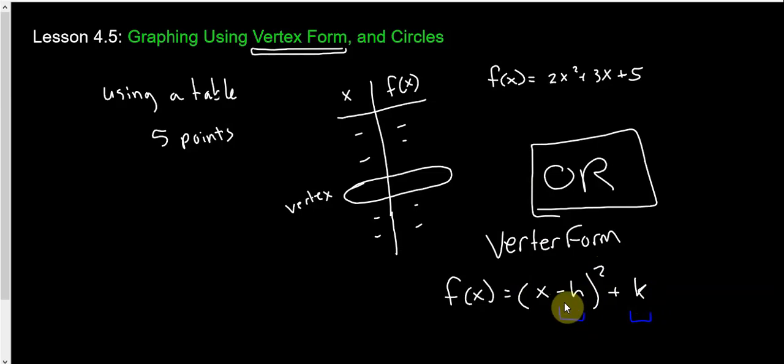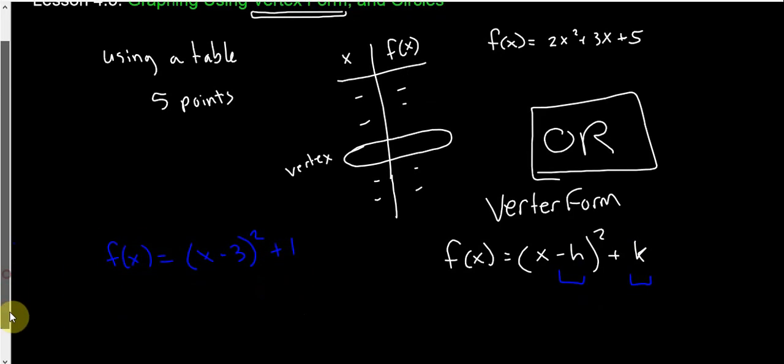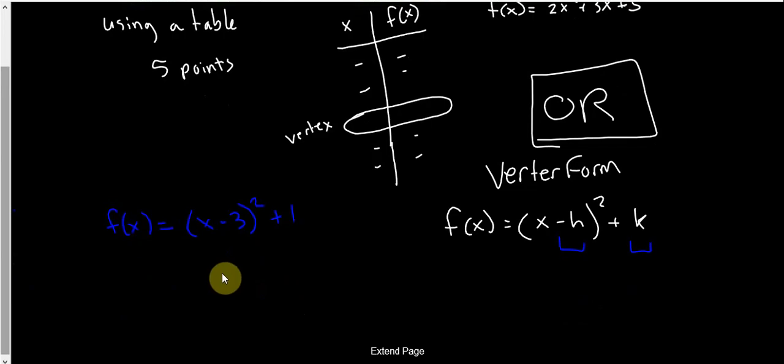The vertex is always going to be the opposite of h for the x value, and k. So for instance, if I were to give you the function f of x is equal to parentheses x minus 3 squared plus 1, I know the vertex without doing any hard labor or any work.